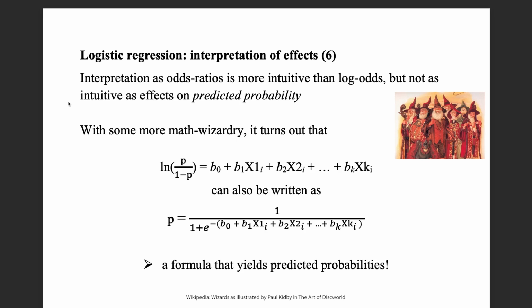We're not substantively changing anything, we're just rearranging it in such a way that we get rid of both the natural logarithm and the odds, and are left with just the value p on the left hand side of our regression model. That means all these transformations that happened to our dependent variable are now going to happen to our independent variables, and then we get this nice model for the predicted probability, meaning that if we can solve this model, we get just a predicted probability for our cases, which is great.